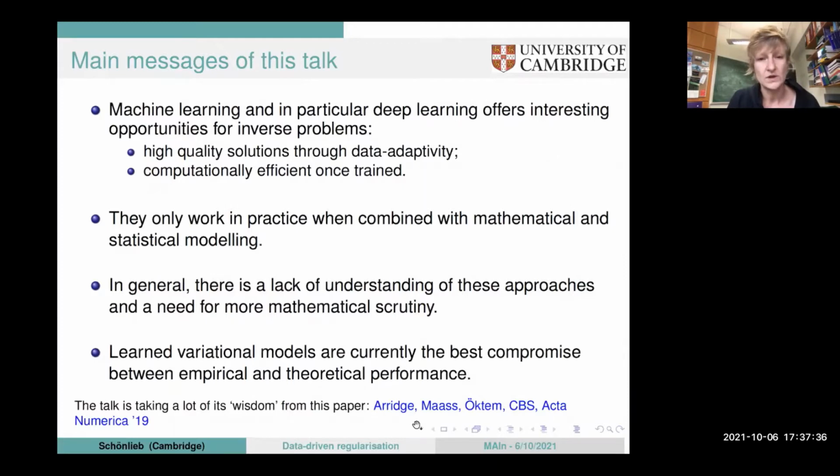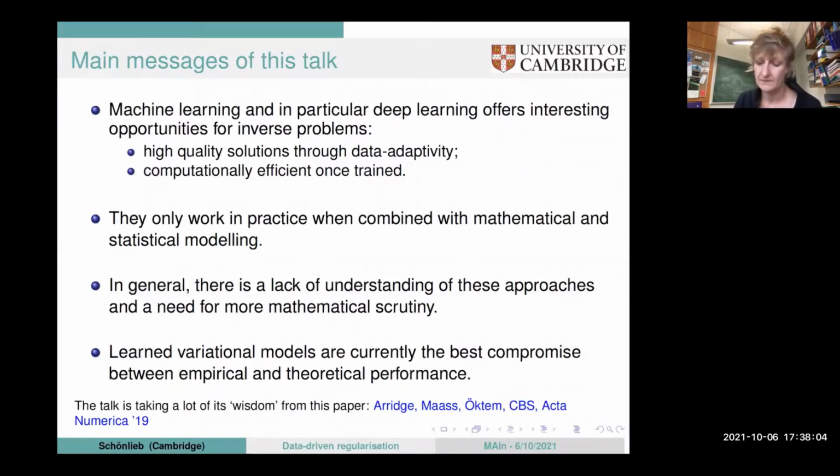And so just a few bullet points of the kind of things that I'm going to show you. So first of all, I really believe, and we have seen this in the last couple of years, that machine learning, and in particular deep learning, offers interesting opportunities for inverse problems. And this is true for two reasons.